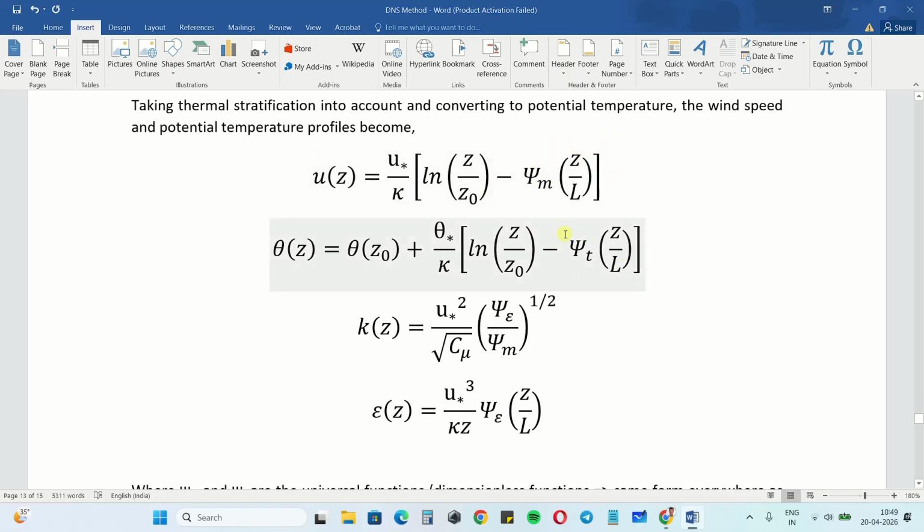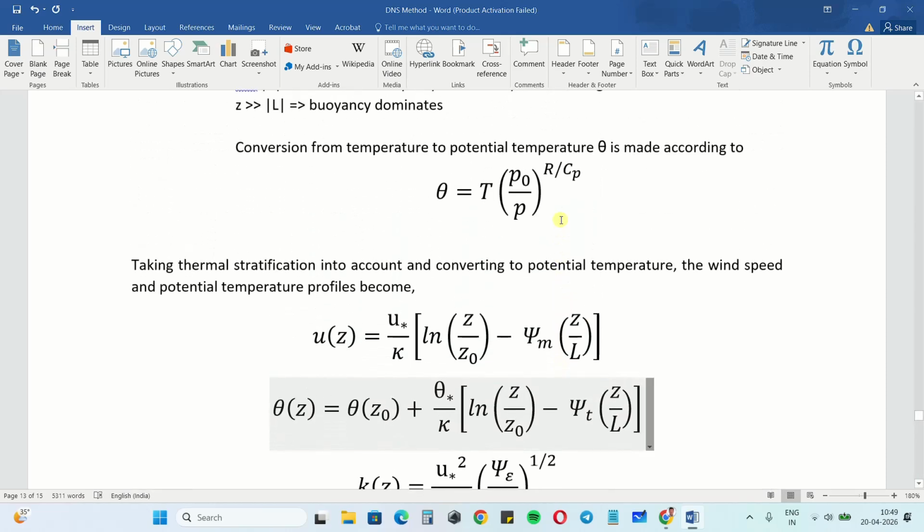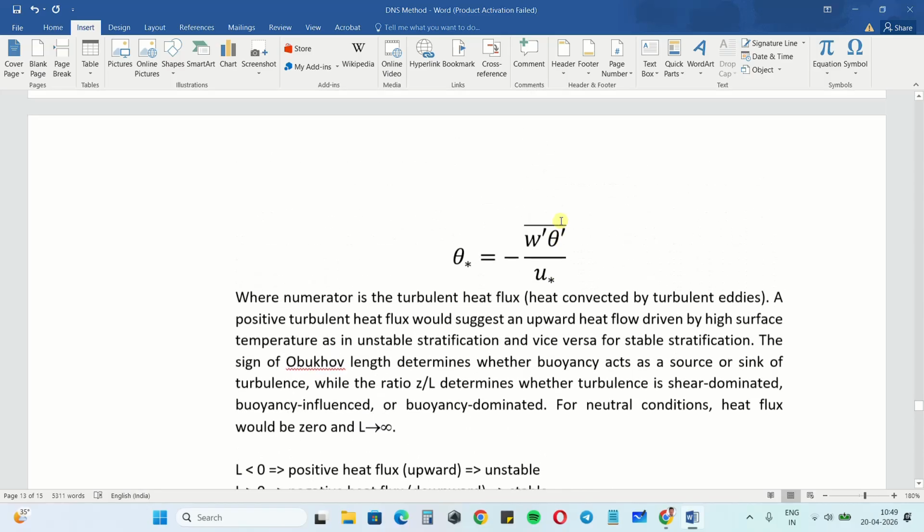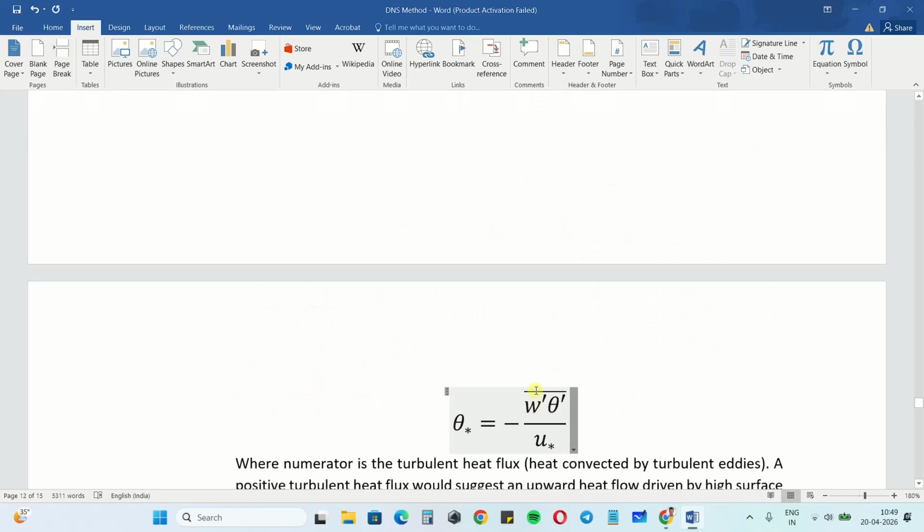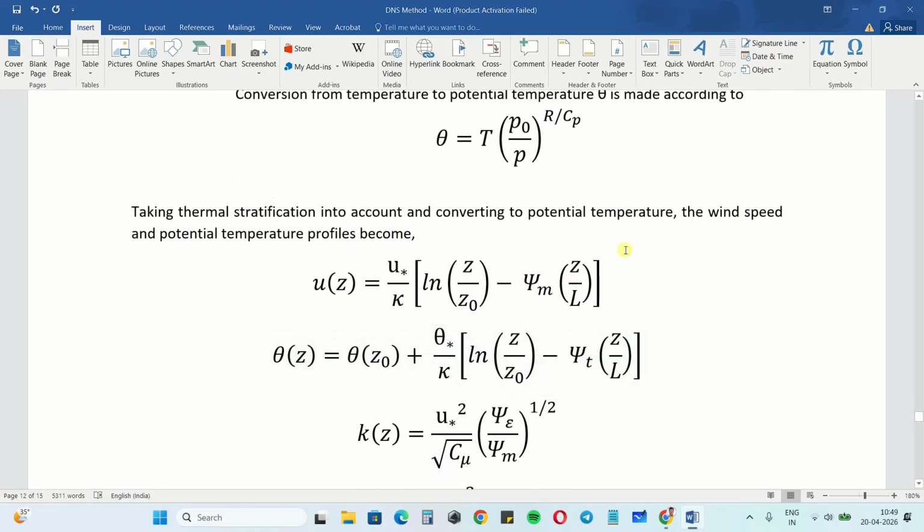So in OpenFOAM we will be using thermal wall functions, and also in that case we will be specifying the surface heat flux, and from that this additional term or the Obukhov length will be calculated, and then it will be used in the wall functions. Okay, so there are too many things, but the key point is that we have the wall functions modified to account for this.